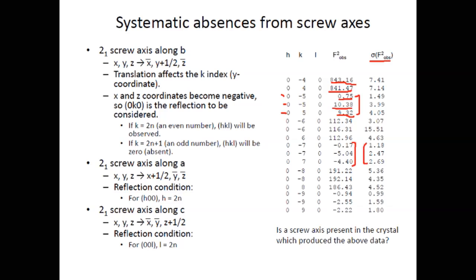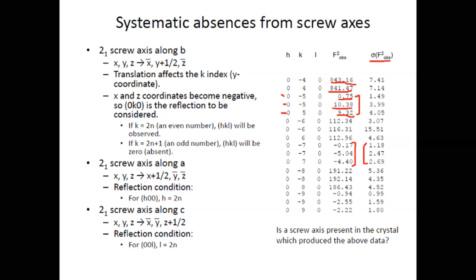So this is a good indication that this set of reflections are not present, because you have to compare it to the others and look at the magnitude of the intensity to show you that this one is probably not present. It's probably just noise that it picked up.